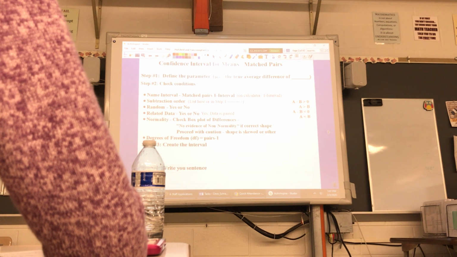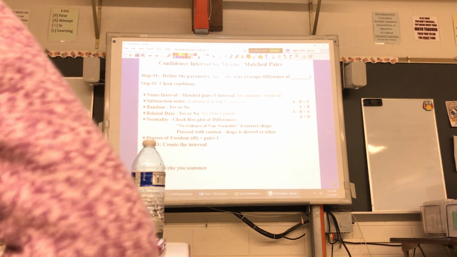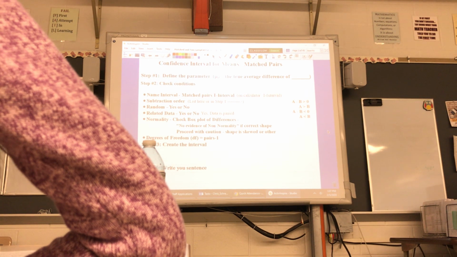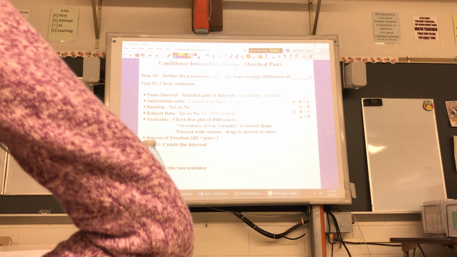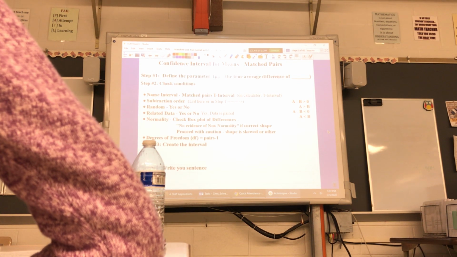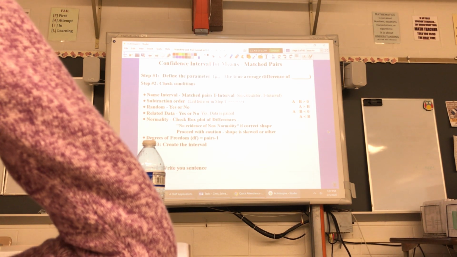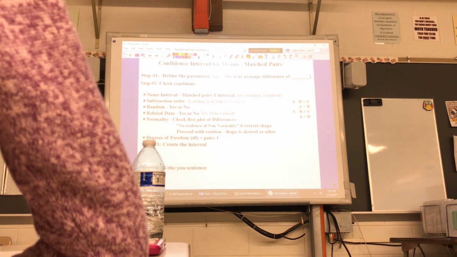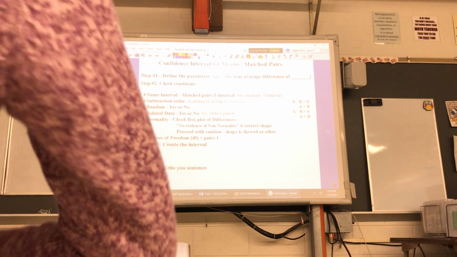If I get my interval, and my interval comes out less than 0, or negative, and I did A minus B, that means that A was smaller than B. And that'll play an important role as we go through the process of how this information does any good for us. And so having that subtraction order is a necessity.